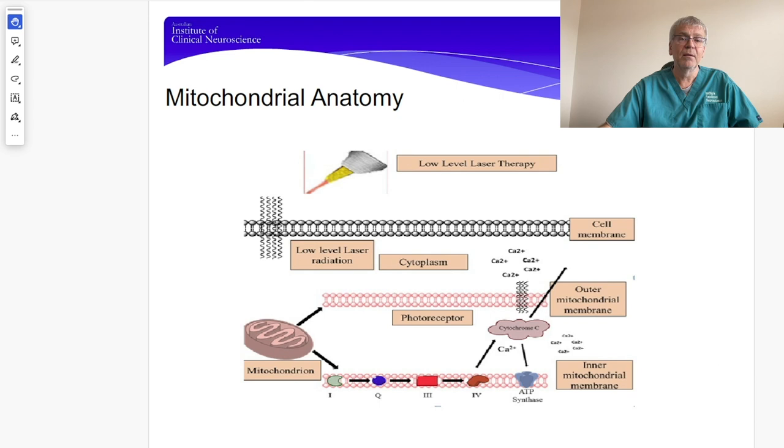Inside it we have the cytoplasm. Then the outer membrane of the mitochondria is a separate membrane from this one, and the inner membrane of the mitochondria is also another separate membrane.